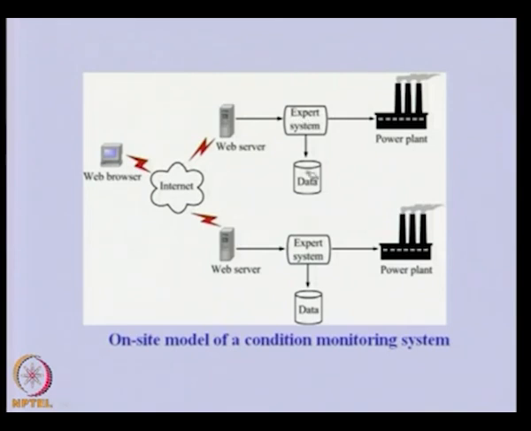This database and the online data which is coming to the system through the net can go to various web servers, and from there experts can view this and see the condition of the machine. If there is some unusual case, they can pinpoint that some fault has already appeared in some machine component or some sub-plant, or it is going to happen. So that kind of interface we can build for such large systems.